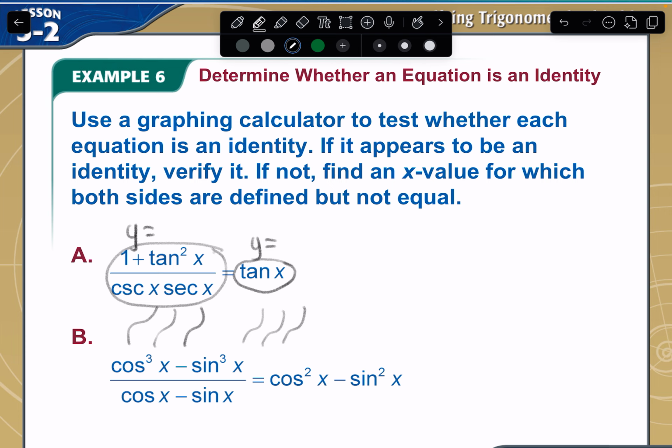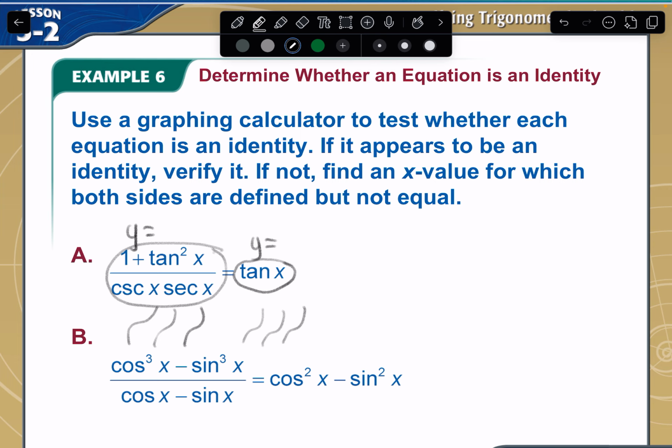They look the same. This is how you are going to tell whether it is an identity or not. Everything that we've done up to this point is telling you this is equal to this, prove it. This is now saying these might not actually be equal to each other, so use a calculator to see if they actually are. If they are, then verify it. But if not, you can't verify it because it's not equal.